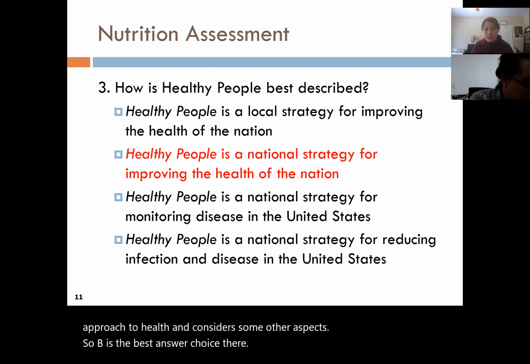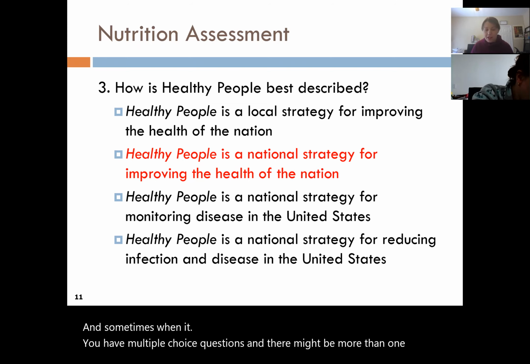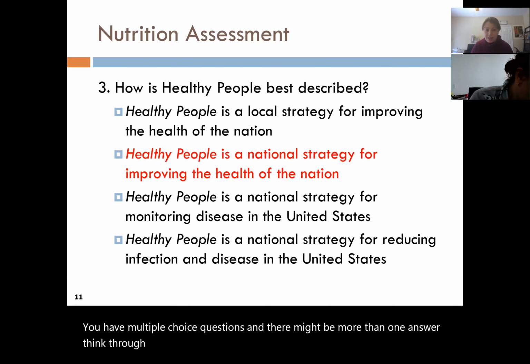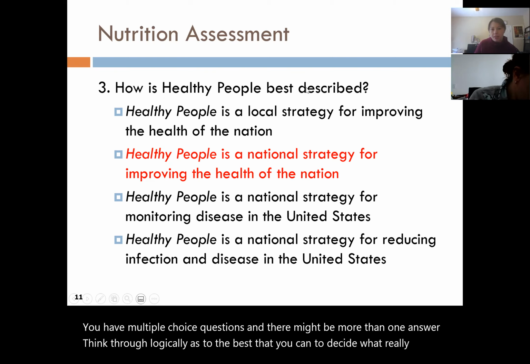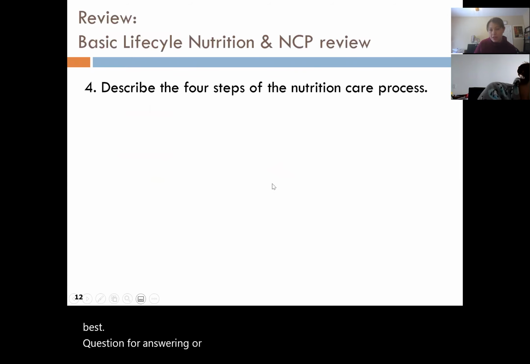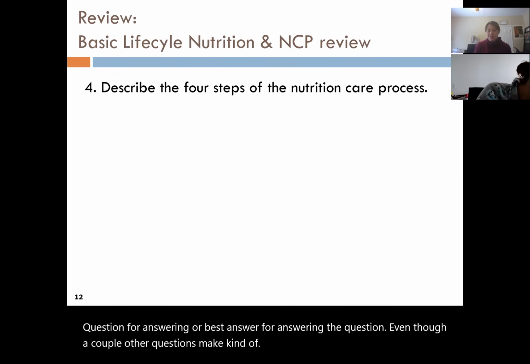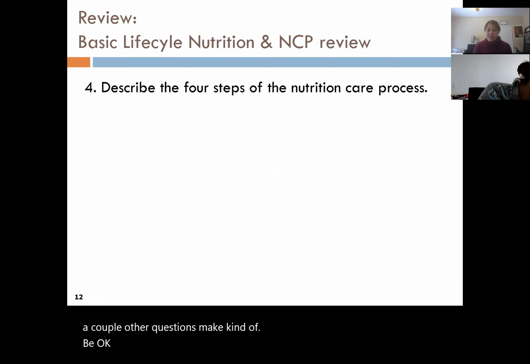And sometimes when you have multiple choice questions and there might be more than one answer, think through logically as best that you can to decide what really is the best answer for answering the question, even though a couple other answers may kind of be okay. So good.